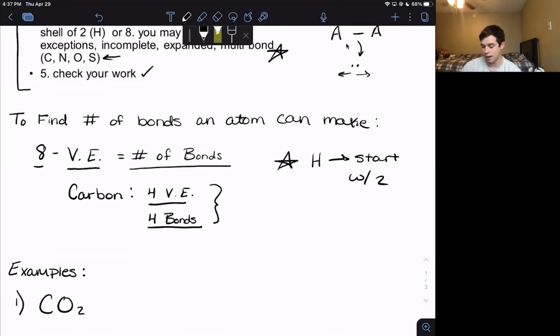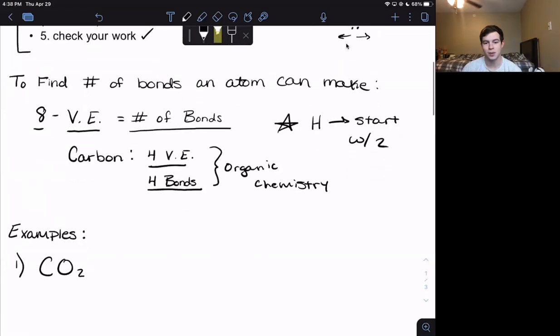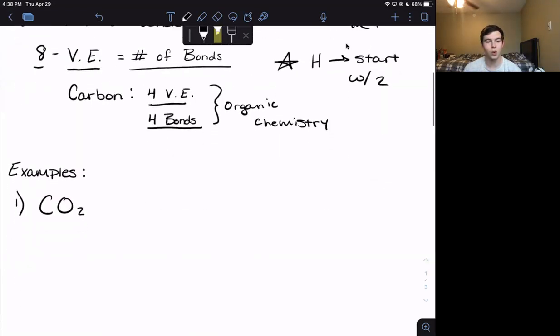So that's, again, that's organic chemistry. That's why organic chemistry exists. And if you go on in chemistry, you'll take that. If not, then you don't have to worry about it too much. So I want to go through a quick example right now, following our rules. So if we look at this, carbon, we just know, has 4 valence electrons, so 4 bonds.